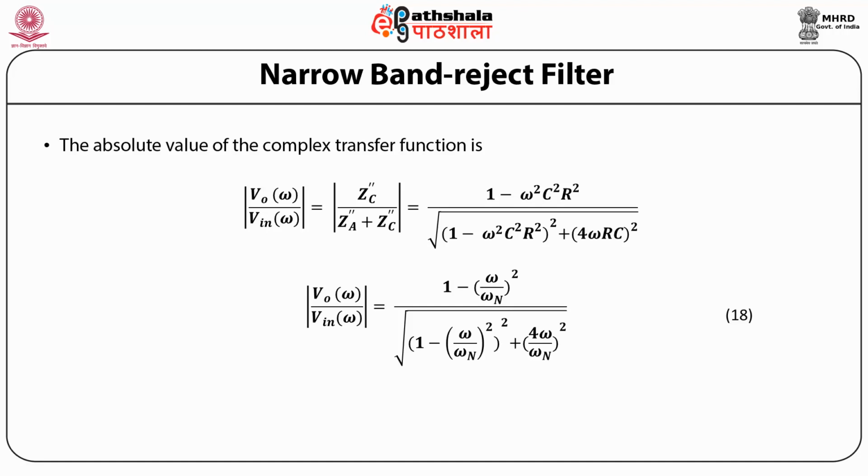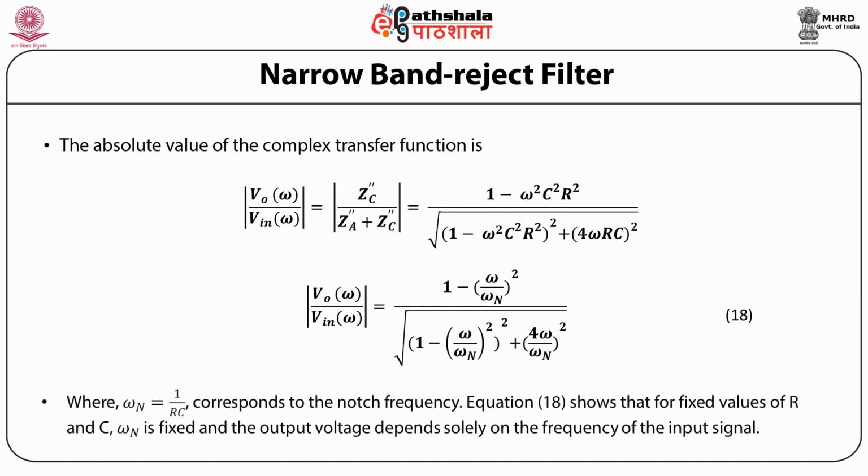Or equivalently, it may be simplified to obtain the modulus of V naught of omega by Vn of omega to be equal to 1 minus omega by omega n whole square divided by square root of, 1 minus omega by omega n whole square plus square of 4 omega by omega n.